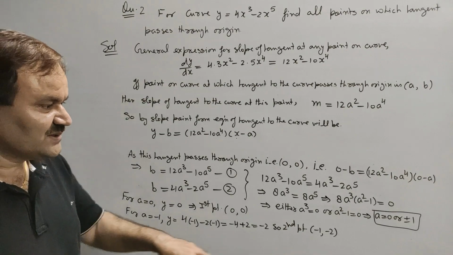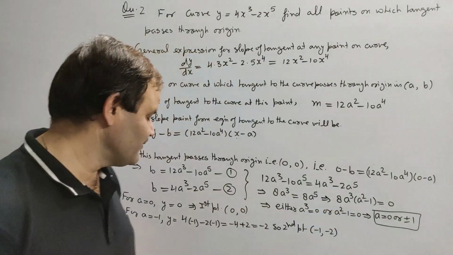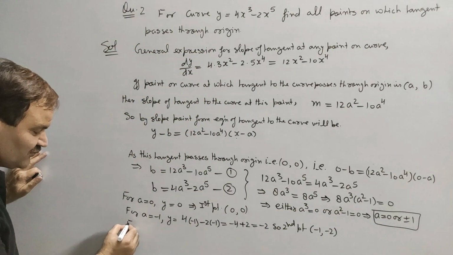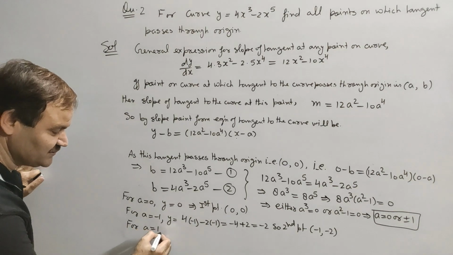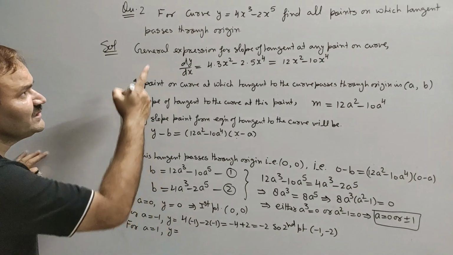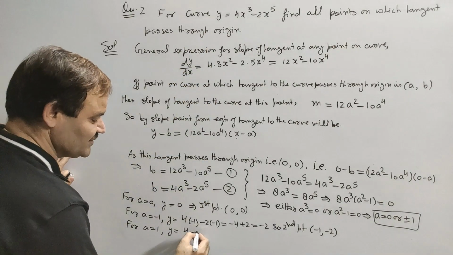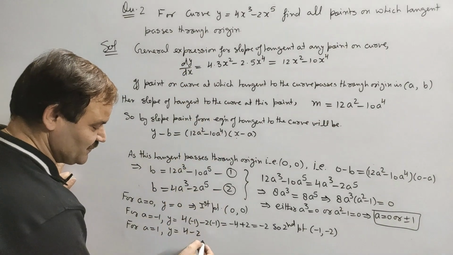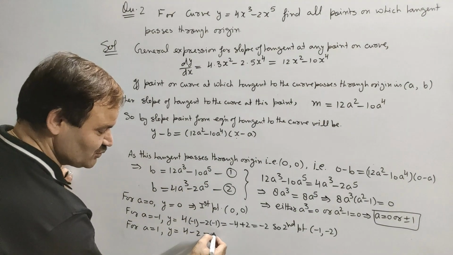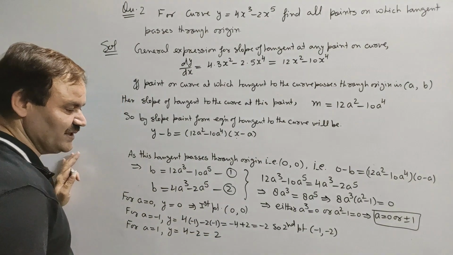Now the third possibility is a is equal to plus 1. So for a is equal to 1, y will be 4 into 1 cube minus 2 into 1 raised to the power 5, and 4 minus 2 will give 2 only.